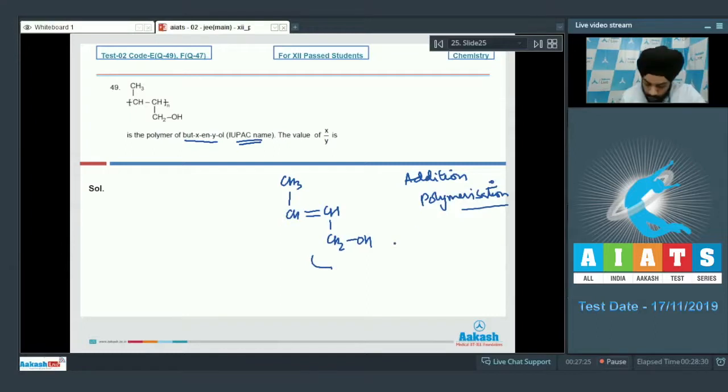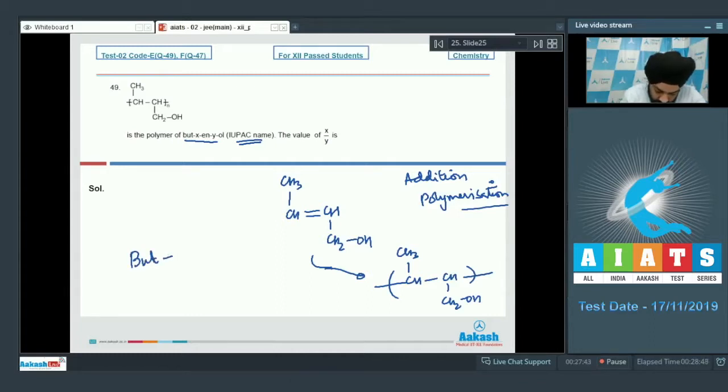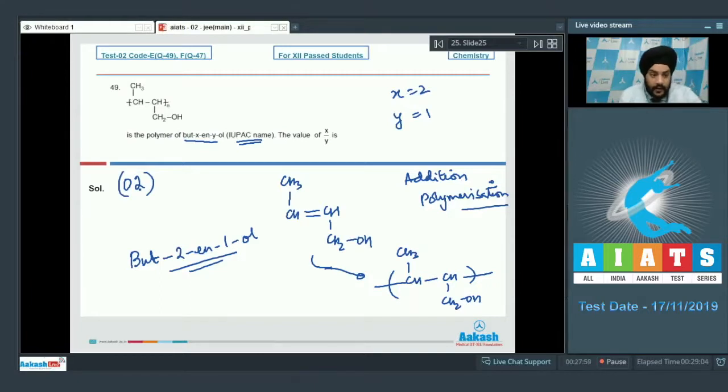So when it is allowed to polymerize, it is going to give us this polymer. Okay, so if you look at its IUPAC name, it is going to be but-2-en-1-ol. So the value of X is equal to 2 and the value of Y is equal to 1. And if we talk about the ratio of X by Y, we are going to have a value equal to 2. Okay. So for question number 49, we have to mark the answer as 02.